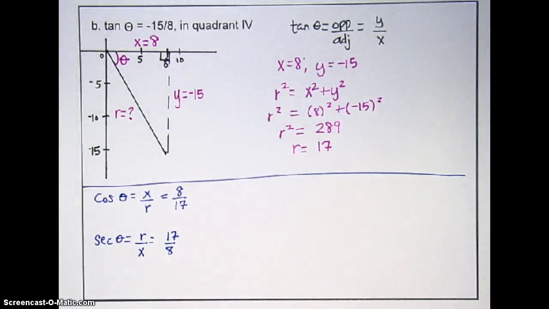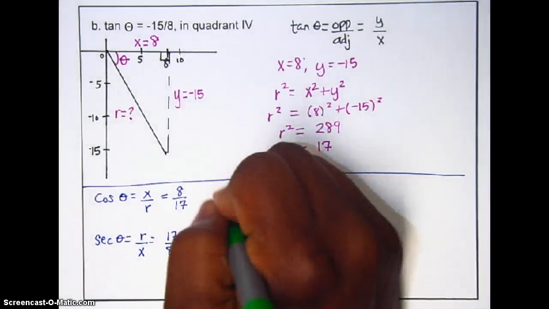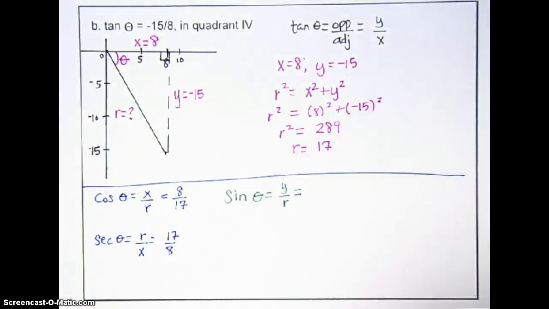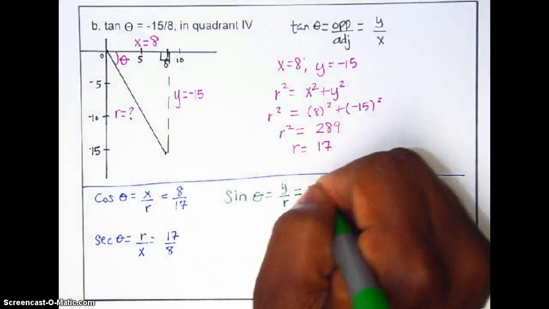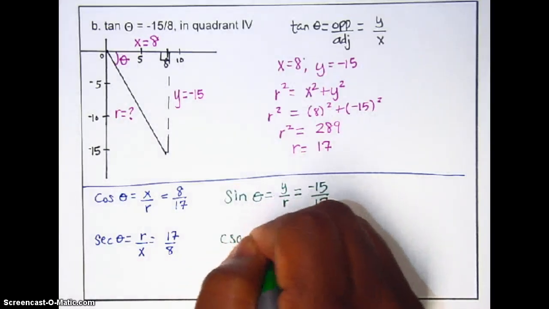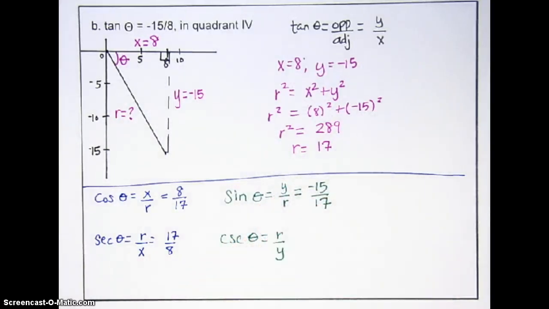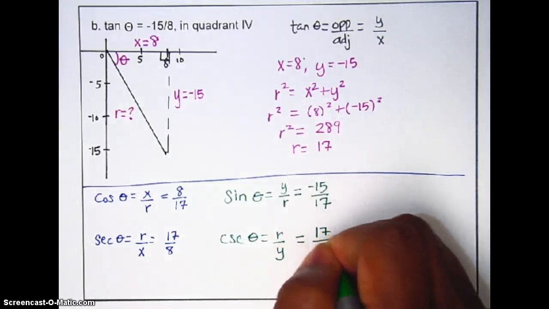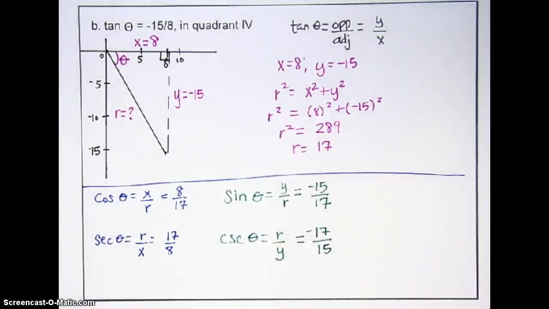Next, I will do sine and cosecant. Sine theta is the ratio of y to r. Y is negative 15, r is 17. Cosecant theta is the reciprocal of sine, so the ratio of r to y, where this is 17 over negative 15, and we can stick the negative at the top.